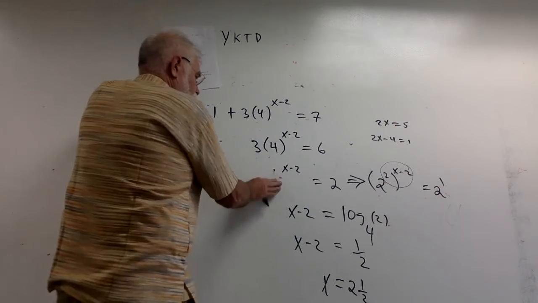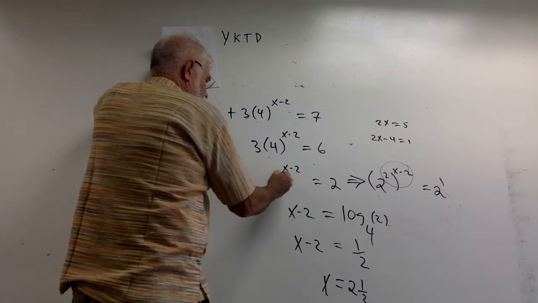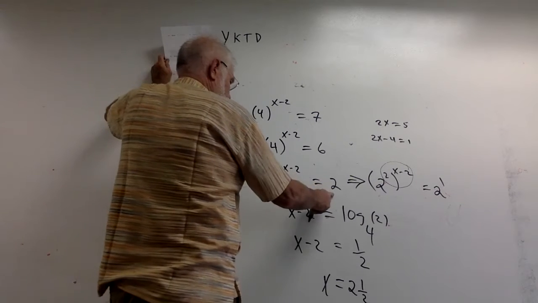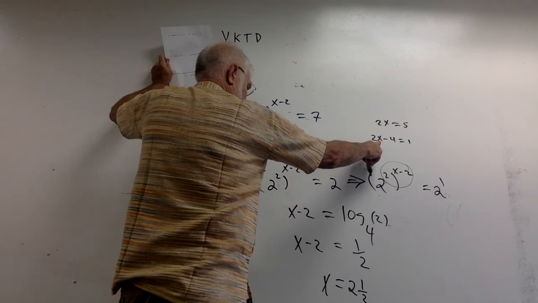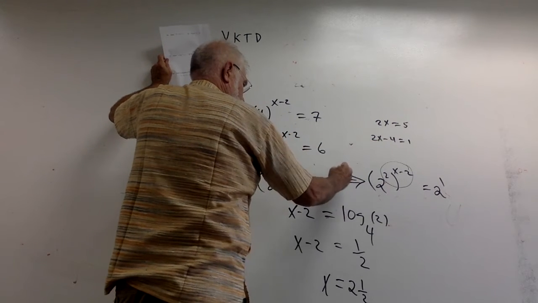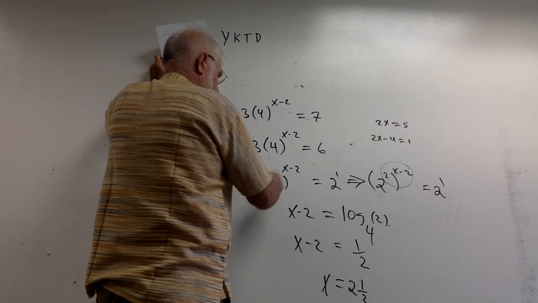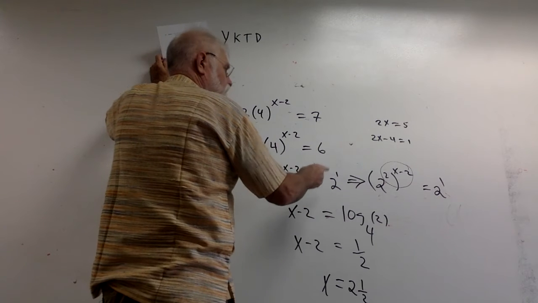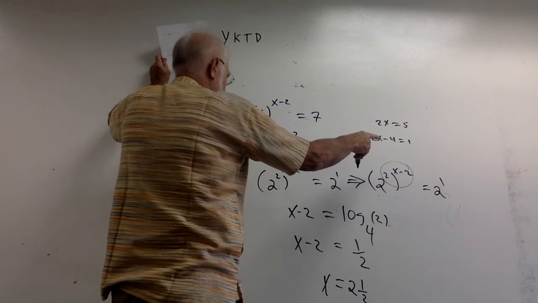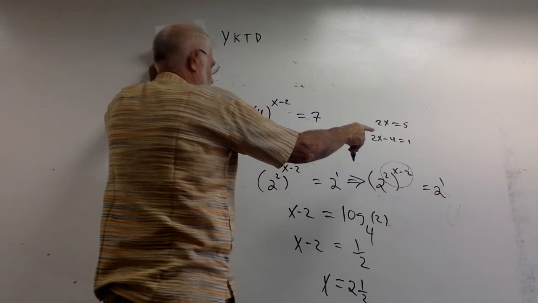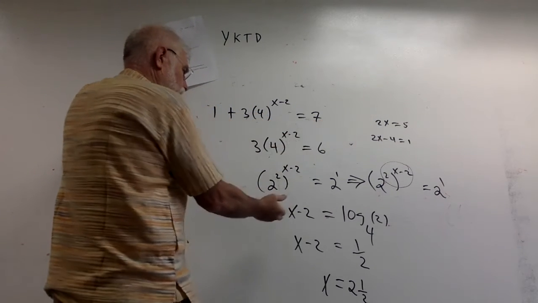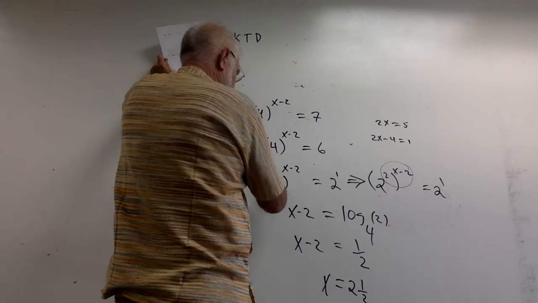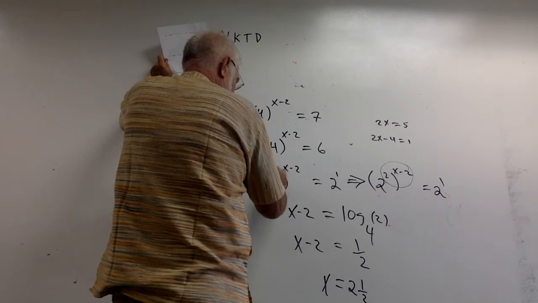4 is 2 squared. So that's 2x minus 4 equals 2 to the 1. So 2x minus 4 equals 1. Yep. All right, so x minus 2, this was a 4 before.